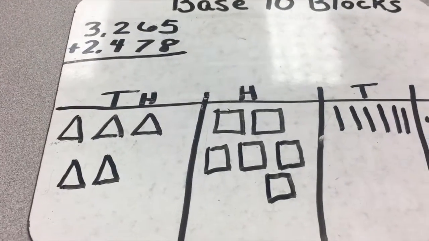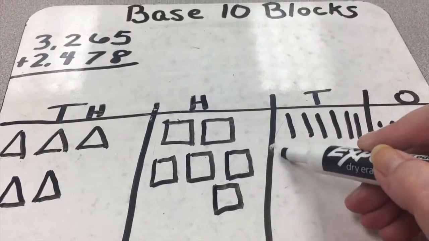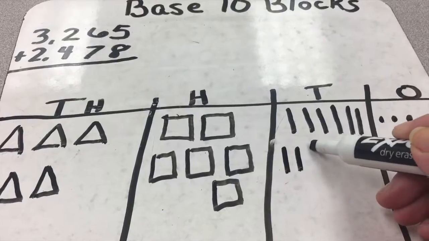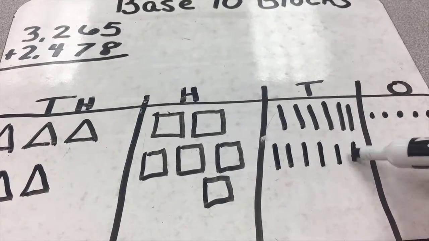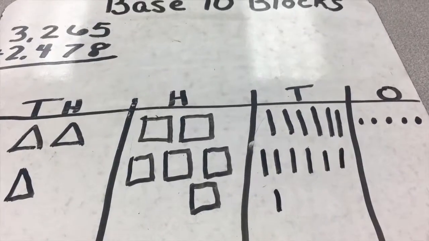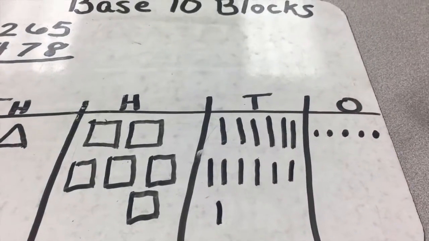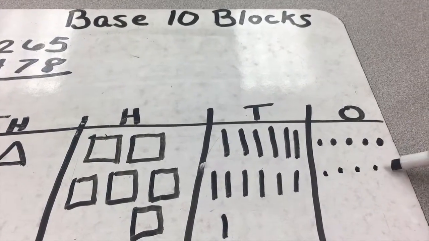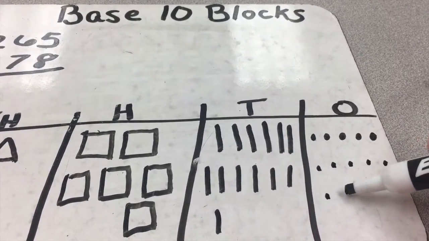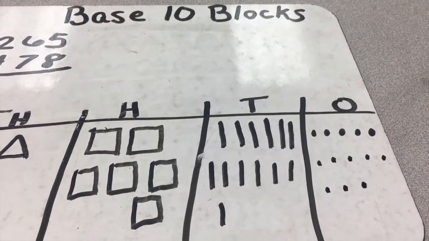I have 7 10s. 1, 2, 3, 4, 5, 6, 7. And then I have 8 ones. 1, 2, 3, 4, 5, 6, 7, 8.